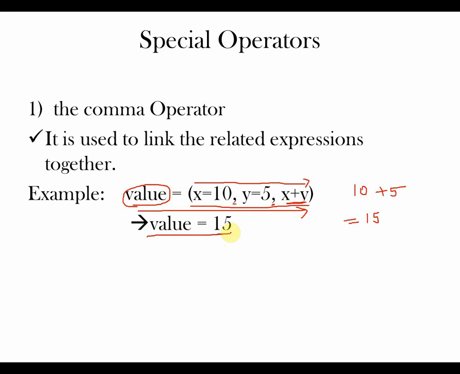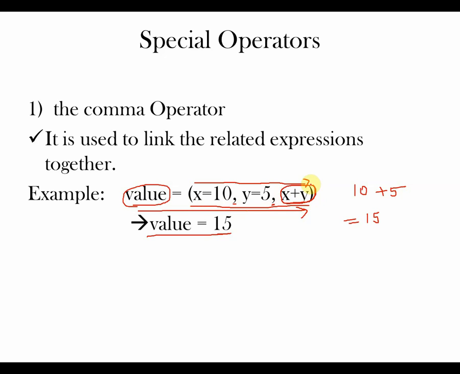I'll repeat once again. What happens in a comma operator is that the entire expression is evaluated from left to right, and the rightmost expression is the answer, or the value of the combined expression. In this case, when I am evaluating from left to right, the rightmost expression is this.